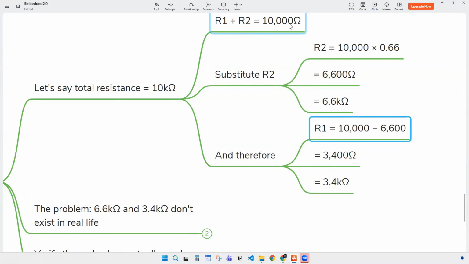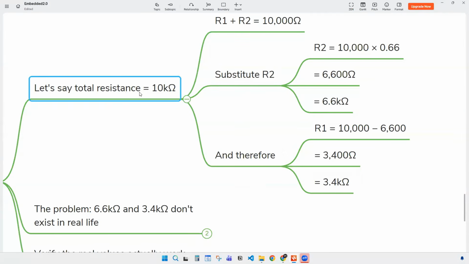So R1 is equal to 10,000 minus 6,600, which gives 3,400 ohm, or 3.4 kilo ohm. So out of the 10K, split in a 66 to 34% ratio, our R1 resistor value is 3.4 kilo ohm and R2 is 6.6 kilo ohm.